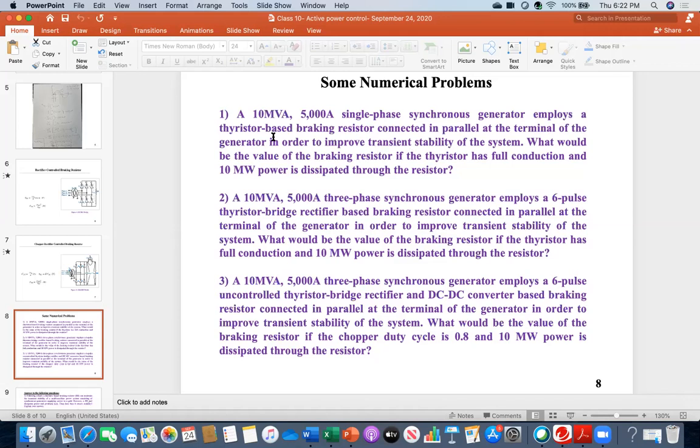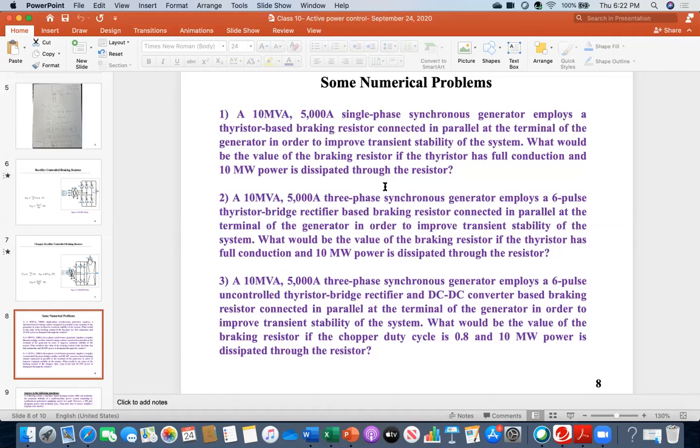It just says, in the second line, thyristor based braking resistor. This means just traditional thyristor based, so you have to use the first equation. The problem statement is the same, but the 3 problems differ in terms of the technology. That is the key point.